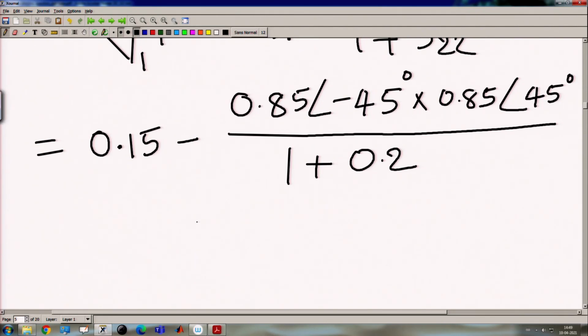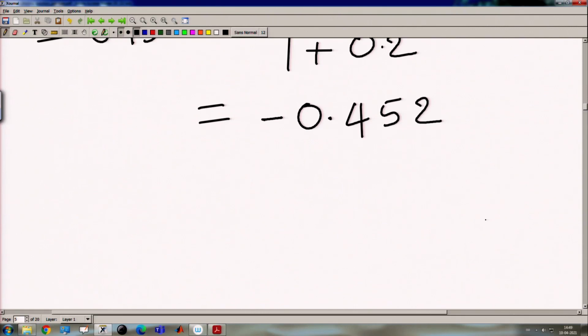So, after calculation, this will give minus 0.452. So, this is the gamma.